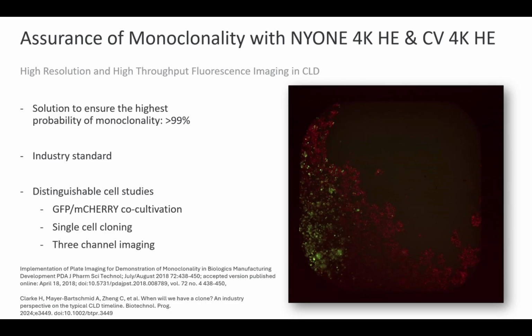The latest industry standard used to ensure the highest probabilities of monoclonality is using co-cultivated GFP and Cherry or other fluorophore-labeled cells. After co-cultivation, they are subjected to single-cell cloning with the process of choice and to 3-channel imaging in bright field, and in the one and the other fluorescent channel, which is GFP and Cherry in this example.